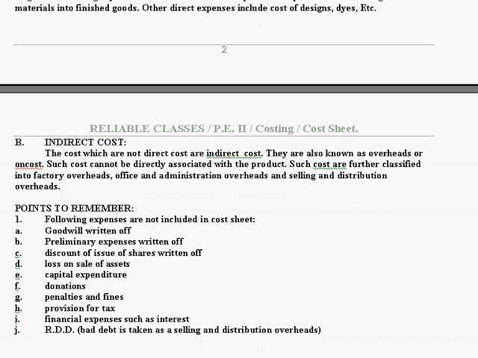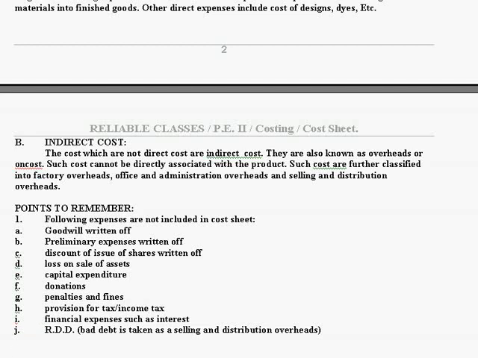Now something important, please listen here, about tax. Income tax is not taken. Provision for tax is actually provision for tax on profit, means income tax. Income tax is never taken. However, there are many other taxes also, like sales tax. Sales tax is related to selling activity, so it will come as selling and distribution overheads.